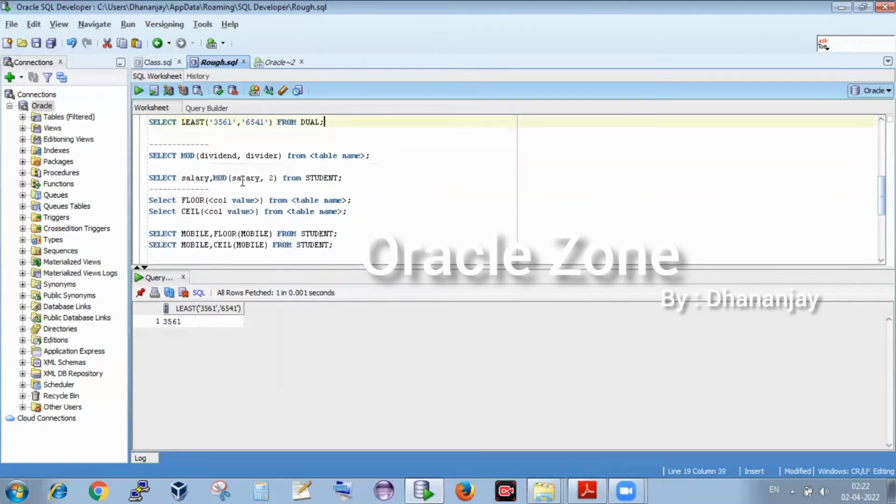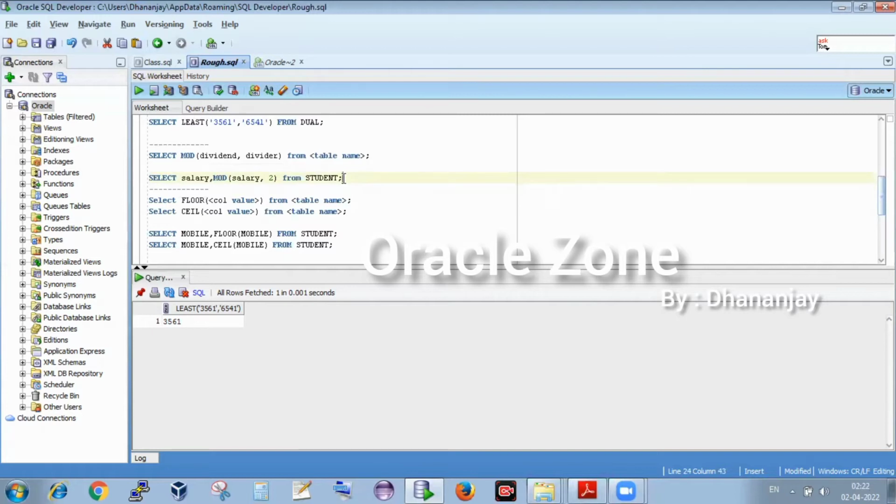Now going with the mod function. What the mod function is saying is, whenever we are doing a division, suppose I am dividing 5 by 2, what will be the remaining?